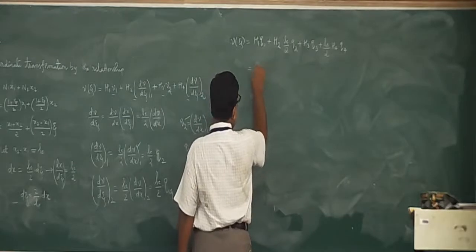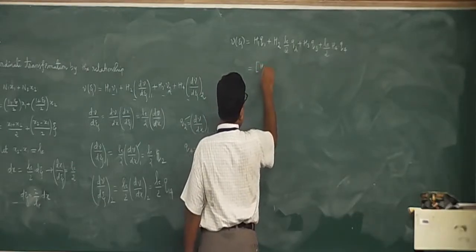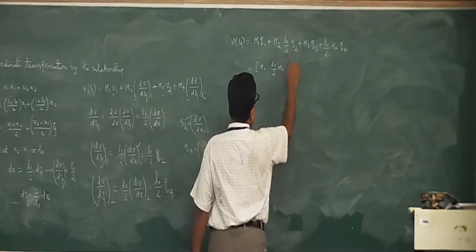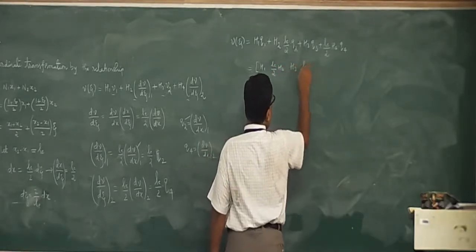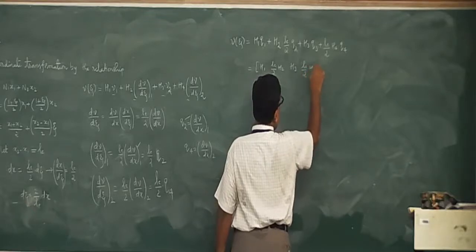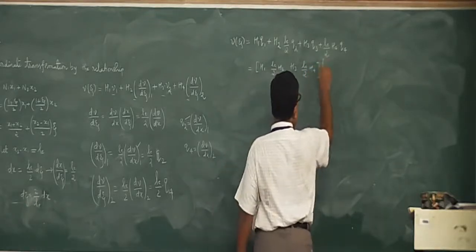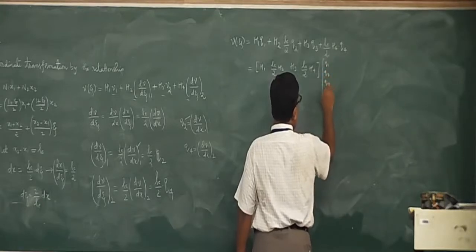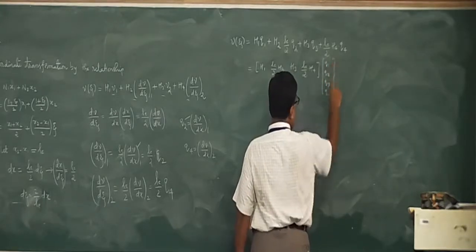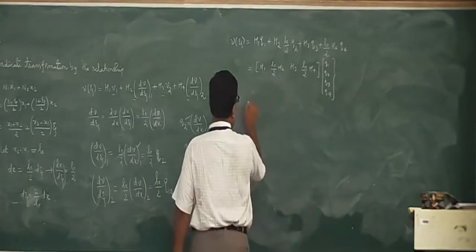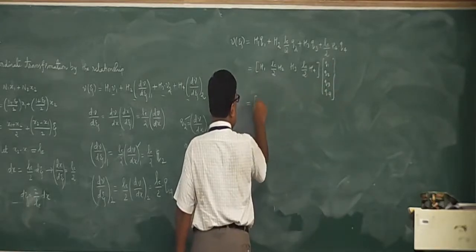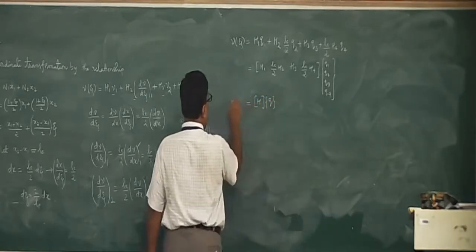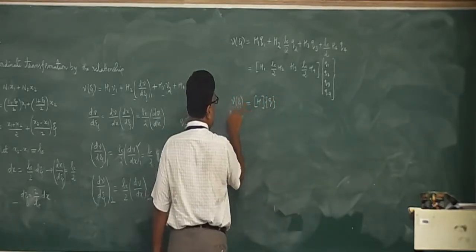Therefore, if you write this as H1, Le by 2 H2, H3, Le by 2 H4, and Q1, Q2, Q3 and Q4, this is nothing but H into Q. Please remember, this is the deflection equation.